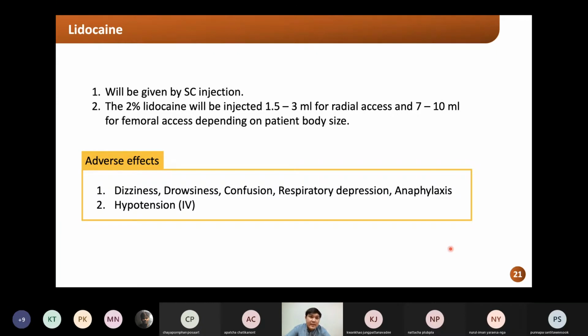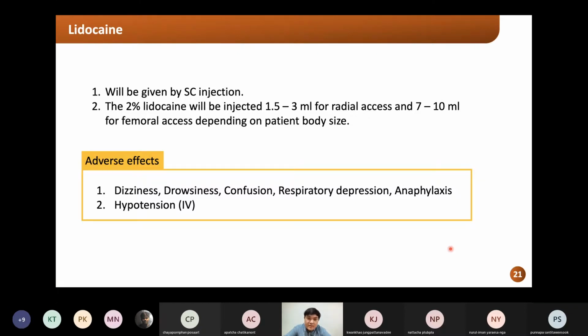Normally, lidocaine is given by subcutaneous injection, and 2% lidocaine will be injected at 1.5 to 3 milliliters for radial access at the wrist region, and the doctor will inject 7 to 10 milliliters in case the doctor uses femoral access as the approach site.